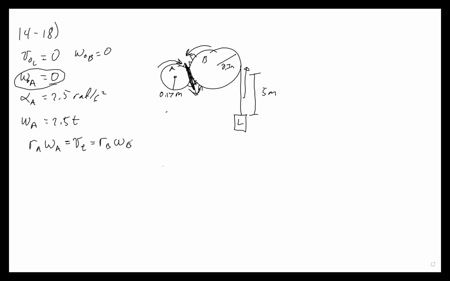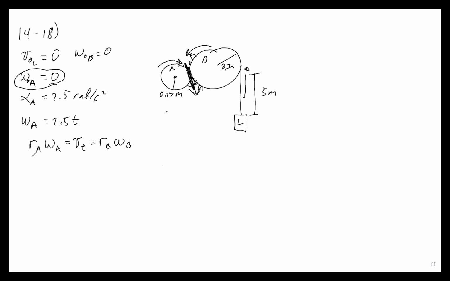All right, we know the radii of the two gears, and we can find the angular velocities, hopefully, in some way. We do know the function of the angular velocity of A.